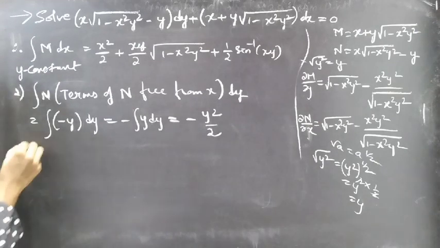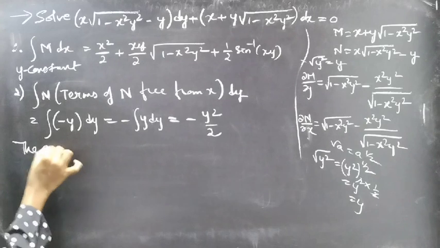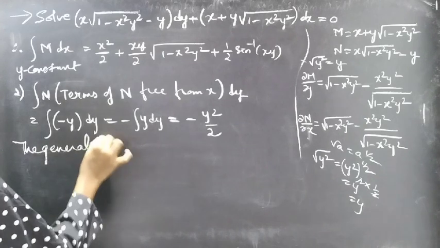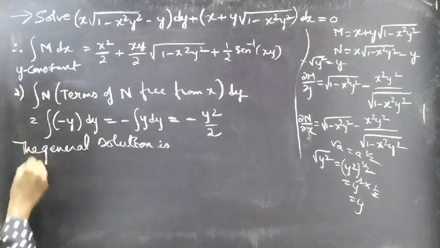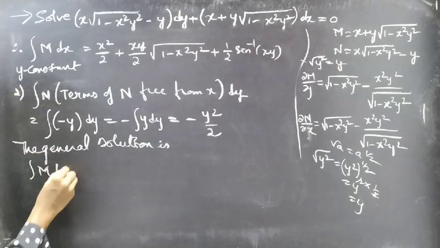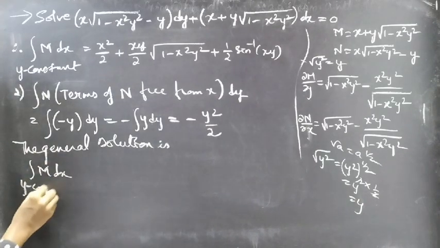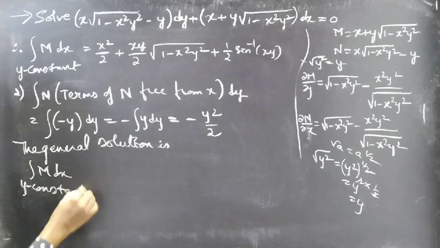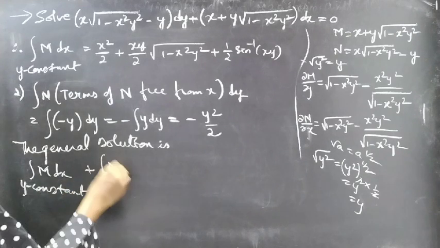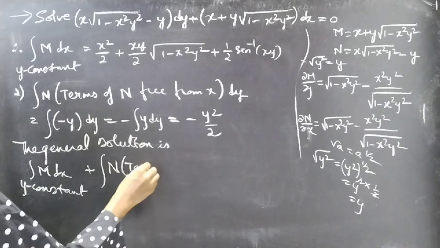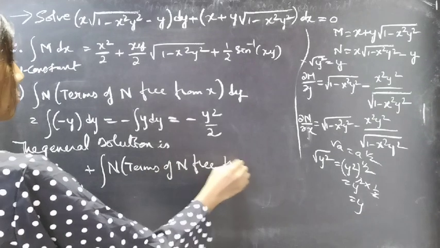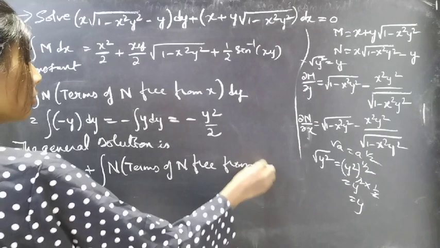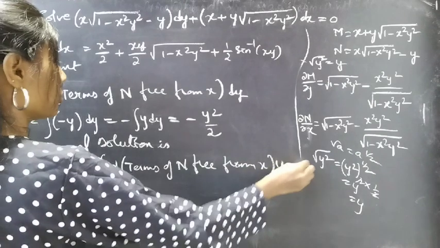Now coming to the general solution. The general solution is given by integral M dx treating y as constant plus integral of N, that is terms of N free from x, into dy equal to c.